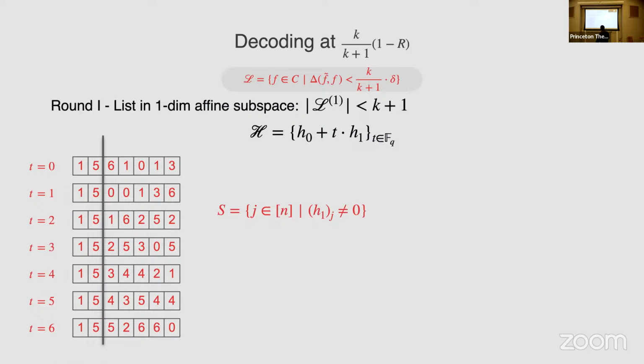Let me call this set S where h1 is non-zero. Any questions? So this is just writing down the affine subspace that are candidates for the list. The goal is to pick out the t's that could be list elements for us, finally.